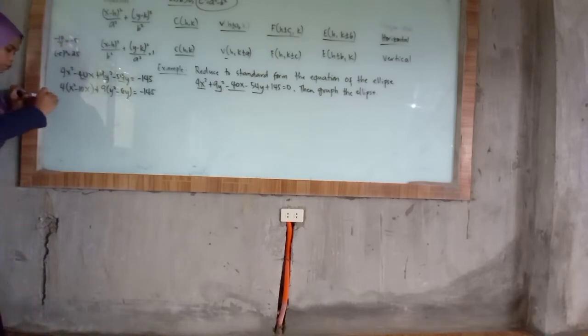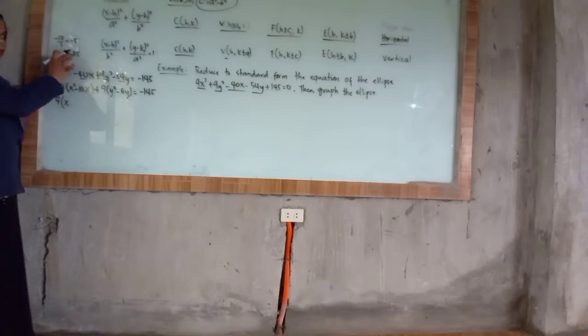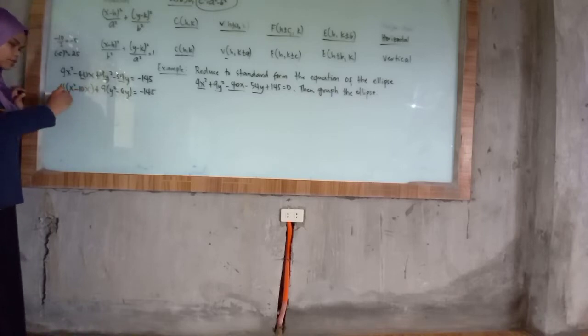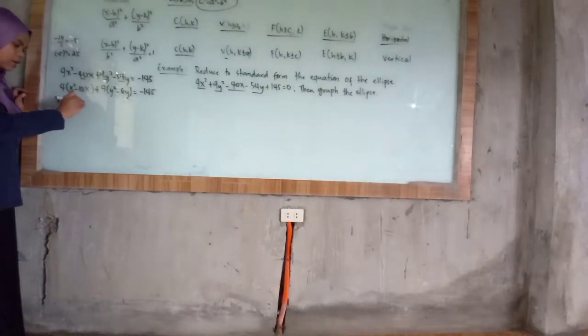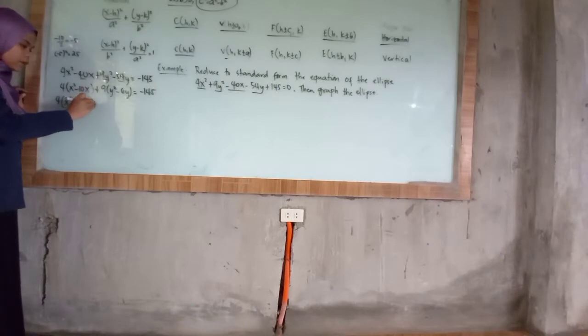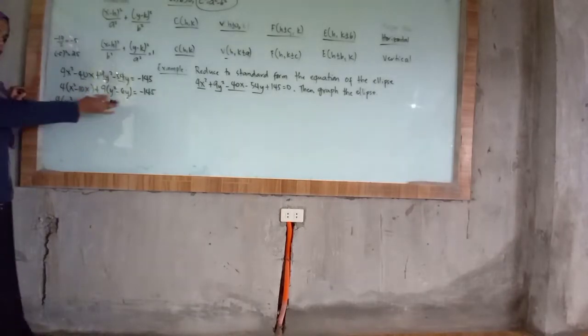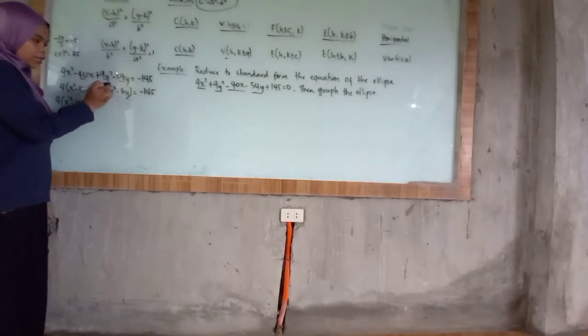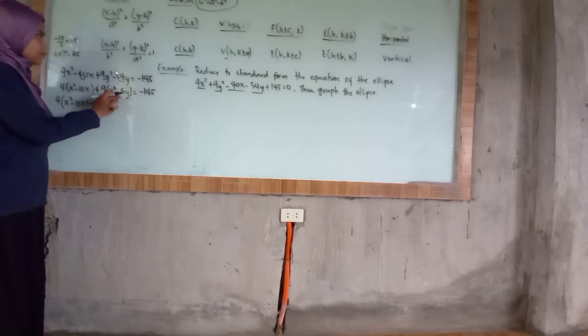Where do I add positive 25? Beside the negative 10x. So we have x squared minus 10x plus 25. Same process here: we consider the coefficient of the degree 1 variable, which is negative 6.